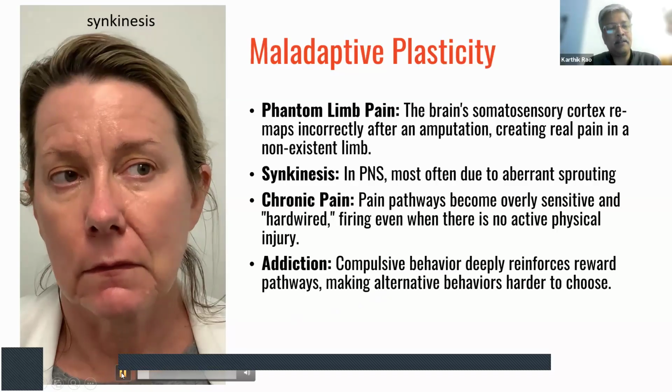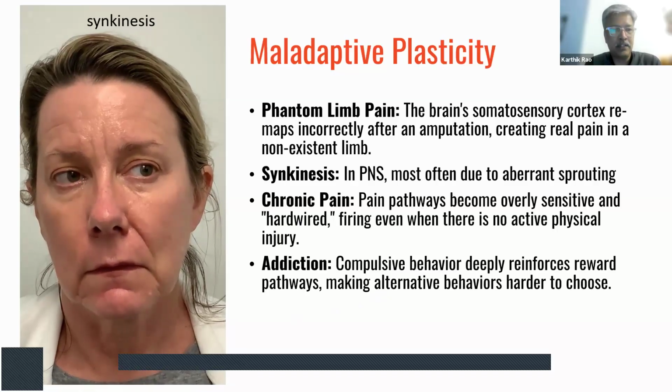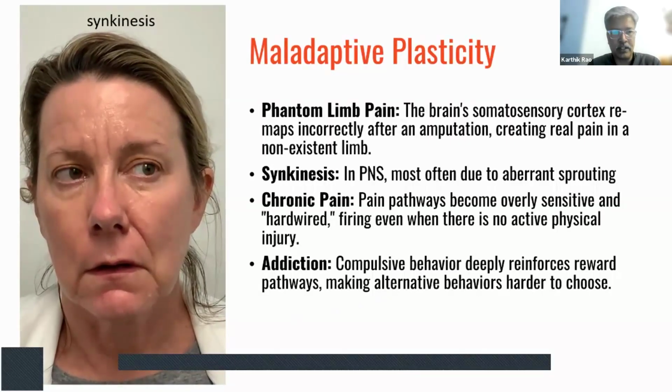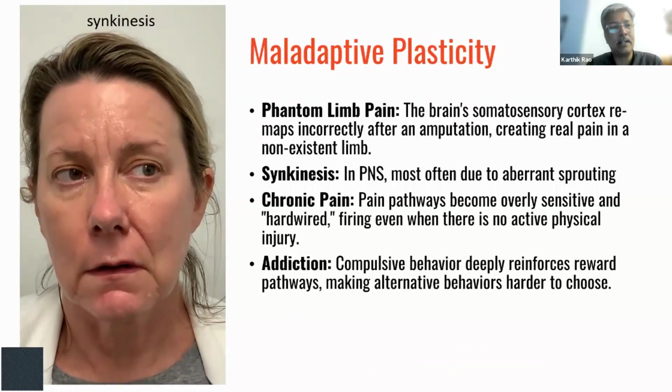You can clearly see that when the patient is trying to blink, a simultaneous movement is happening around the cheeks as well, especially on the left side. This is a classical example of synkinesis, and commonly it is attributed to aberrant sprouting. So a neuron at the time of recovery is giving a branch to another muscle which it was not supposed to be supplying.